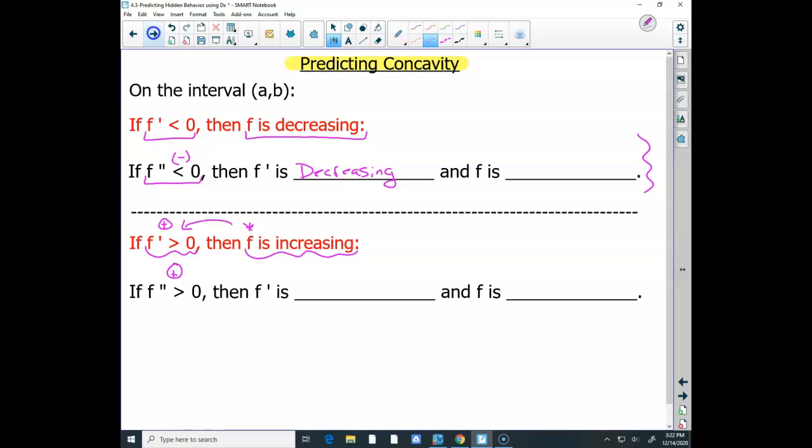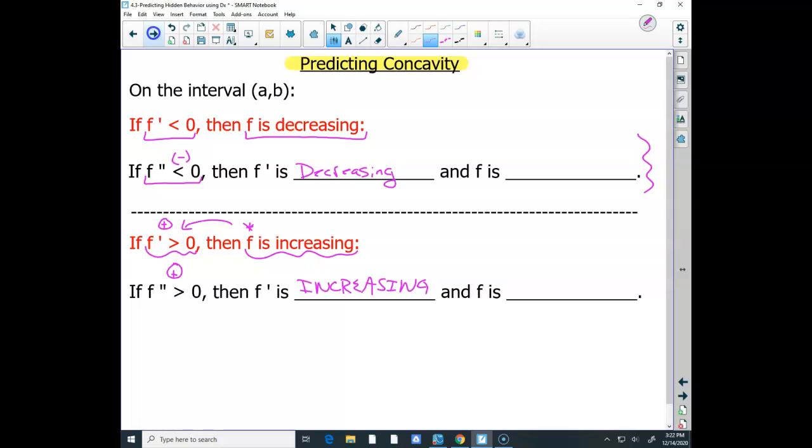Doesn't that mean the function it came from, f prime, was also increasing? I'm not saying f prime is greater than 0, okay? I'm just saying f prime is increasing, meaning from left to right, it's going up. I can increase at a decreasing rate, and I can increase at an increasing rate, and that's talking about concavity.